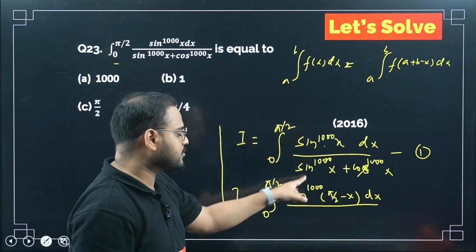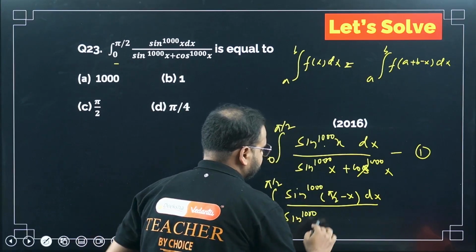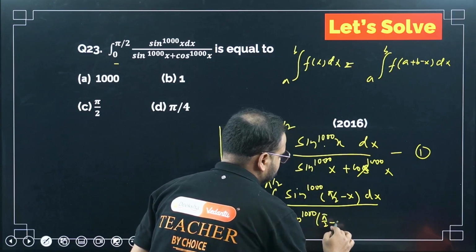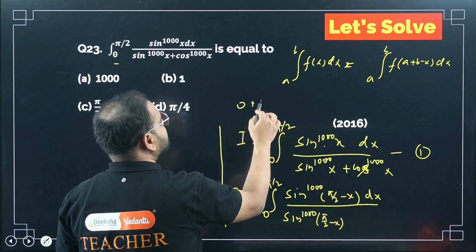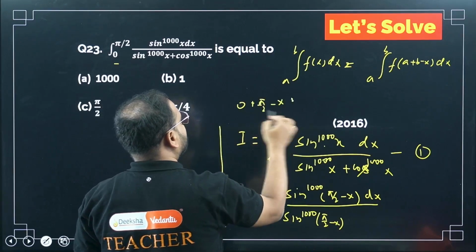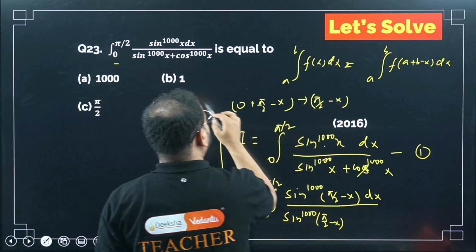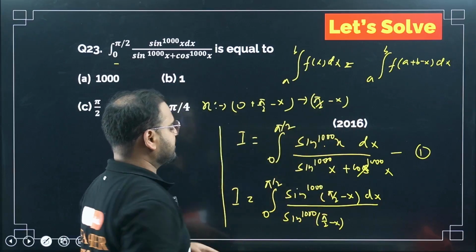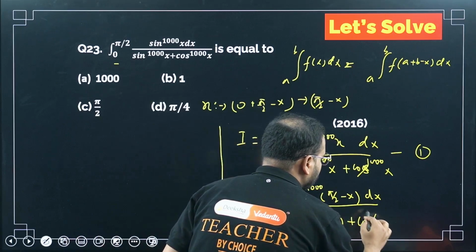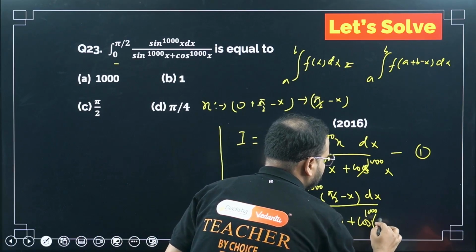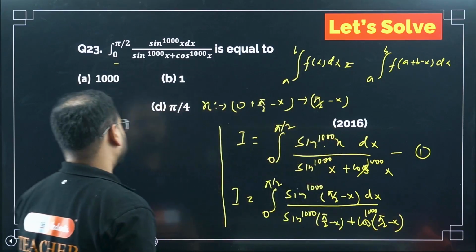Same thing I will do over here also, because 0 plus pi by 2 minus x is simply pi by 2 minus x. This is for x. I am writing this condition for x. Plus cos power 1000 of pi by 2 minus x. Yes or no? Okay.